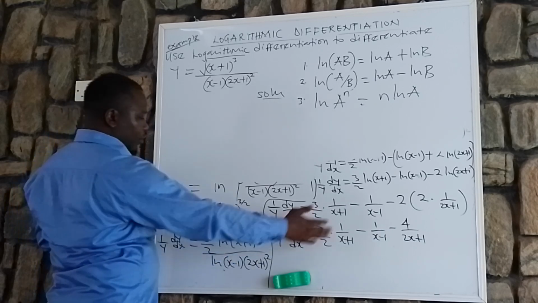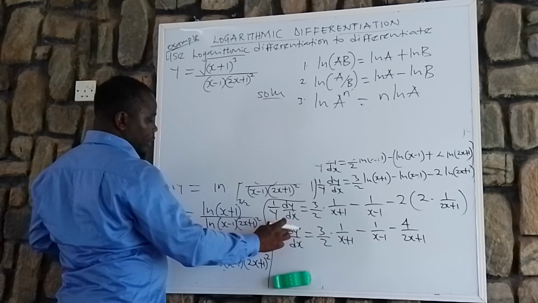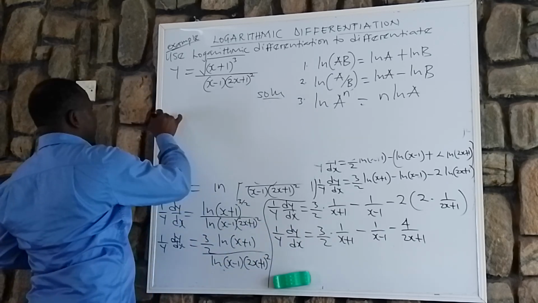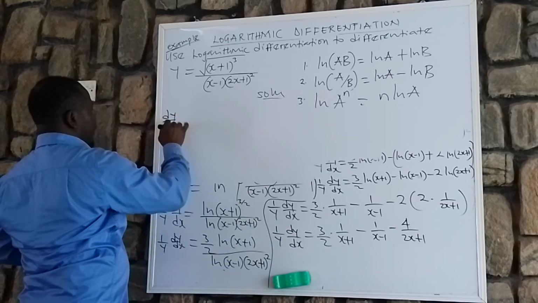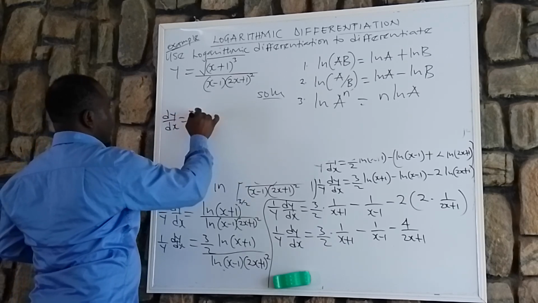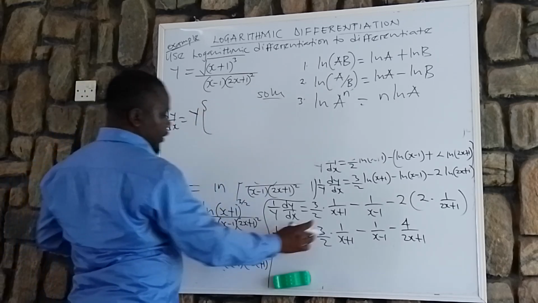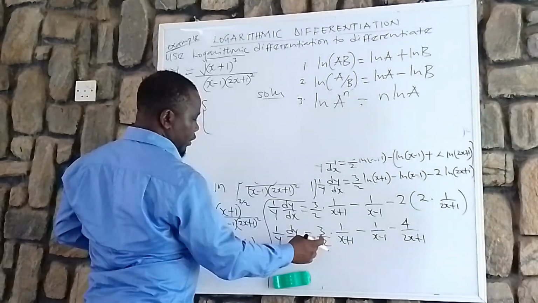If we use the y to multiply this, the left hand side will be left with 1 times dy over dx. It's the same thing as dy over dx equals y times this function. That is 3 times 1 is 3.